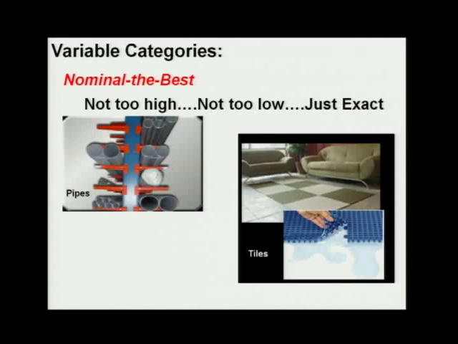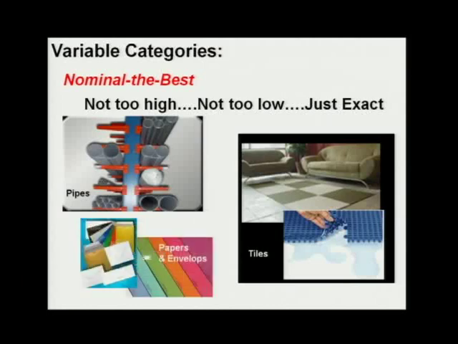When we buy pipes or use pipes in any plumbing task, we also expect these pipes to come in specific diameters, not too high and not too low, just exact. When we use papers or envelopes, we also expect these to be of pre-specified size, not too high and not too low. These are variables that follow the nominal the best category.